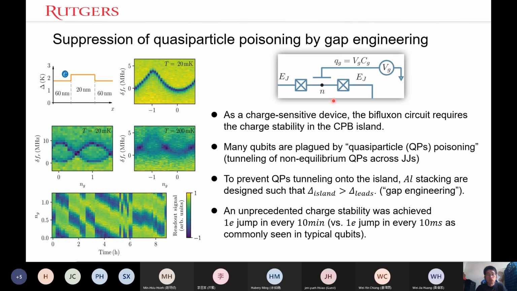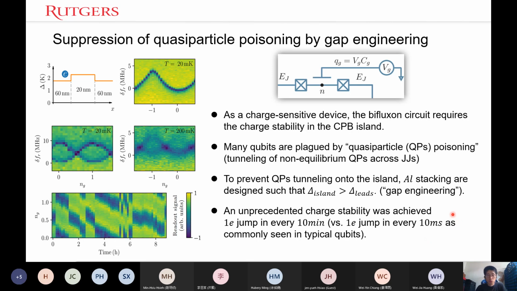That is the so-called quasi-particle poisoning. Basically, it shifts the gate to somewhere we don't want, and this event happens rather fast. For a typical charge-sensitive device, it happens at a time scale around 10 milliseconds for each jump.